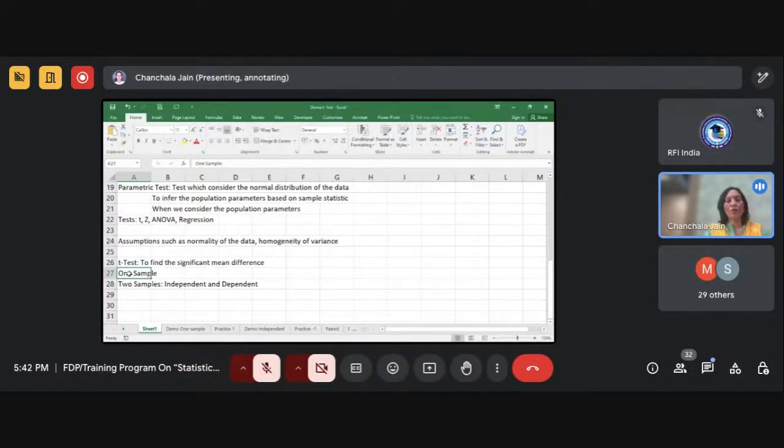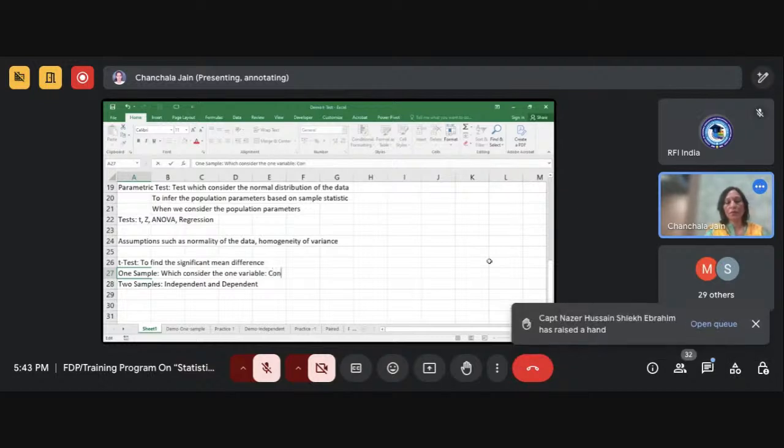After this, when I talk about the one sample t-test, it is a test which is based on one variable, right? The nature of the variable should be continuous, or you can call it numeric, or interval, or ratio scale data, right?